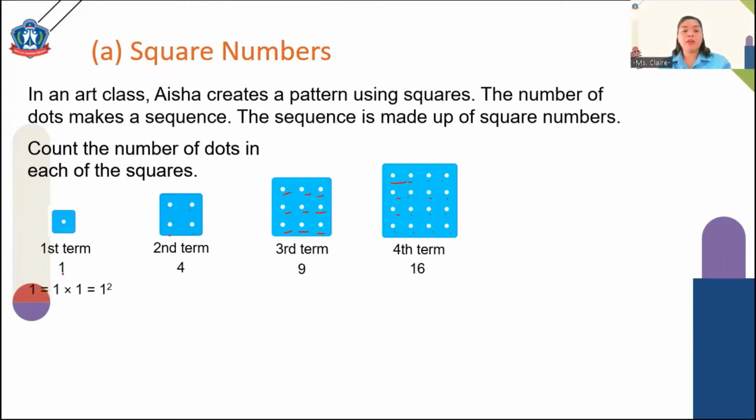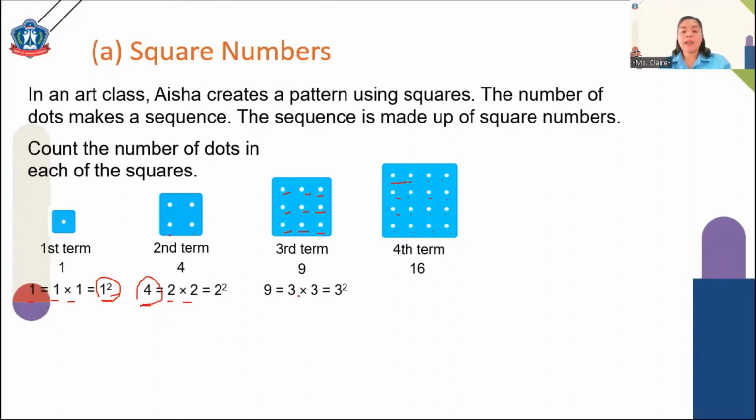So to get the 1, we multiply 1 times 1, or 1 squared. Again, how to read this? 1 squared. So 1 is a square number. To get 4, we multiply 2 by itself: 2 times 2, or 2 squared. So 4 is a square number.